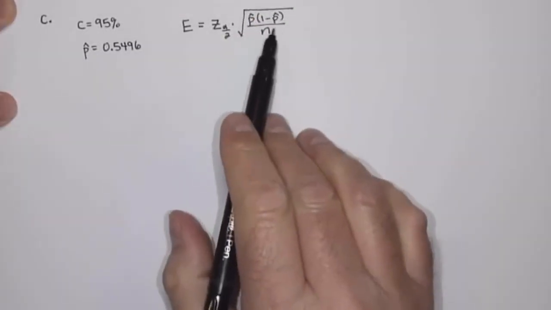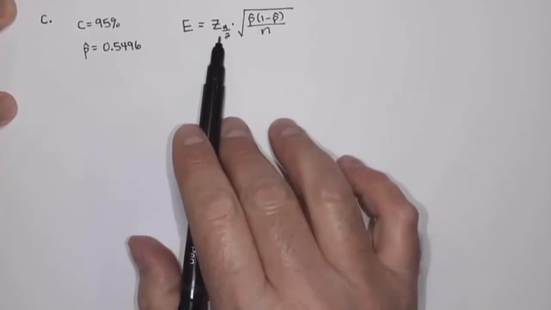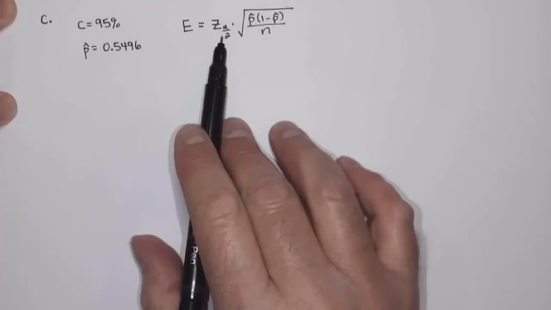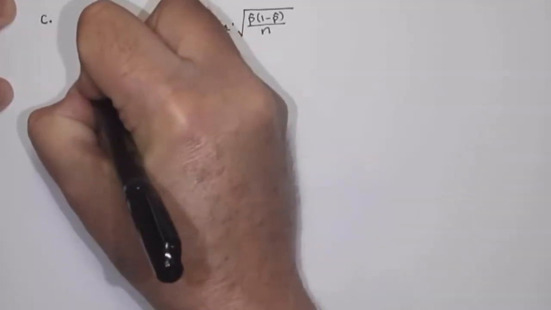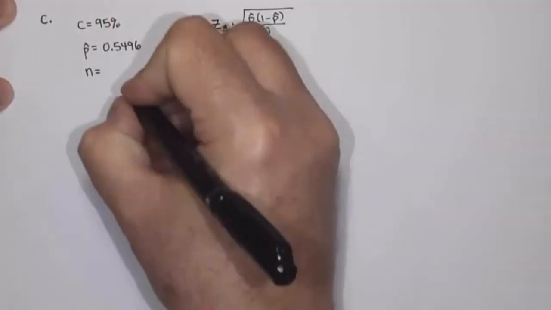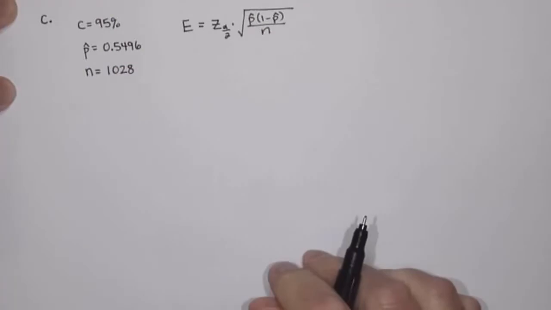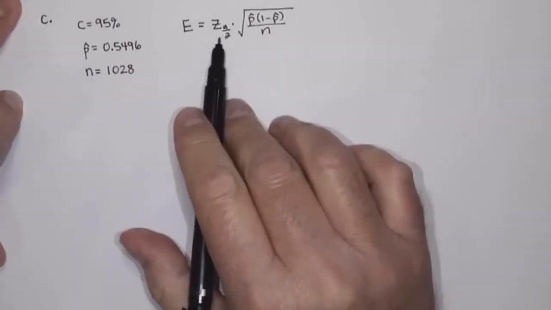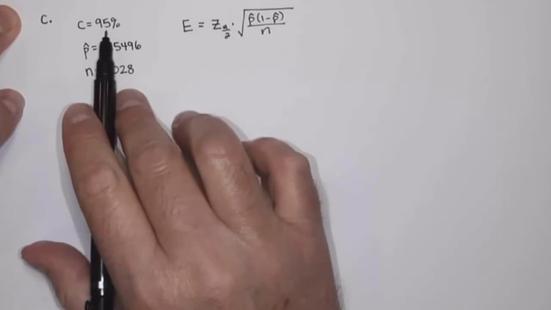So I know p hat and I know n, but I don't know what this z sub alpha over 2 is, and so we need to discuss that. I'm going to go ahead and write down so that I don't have to look it up later. N was 1,028.